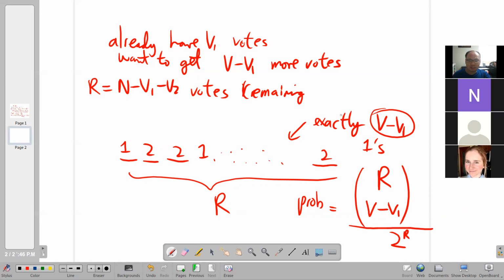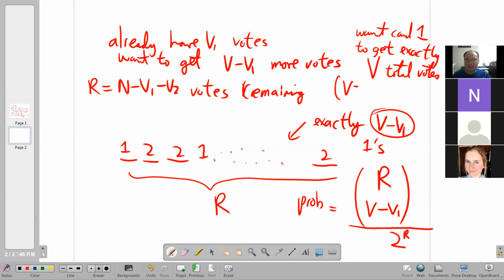Okay. So this is if we want to get exactly V votes. So I want candidate 1 to get exactly V total votes. Then I would use this to compute my probability. But in order to win, V can be anything from N over 2 plus 1.